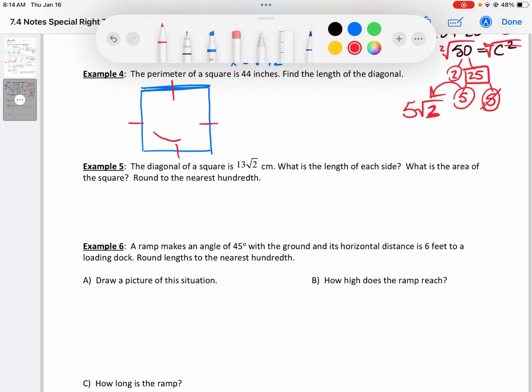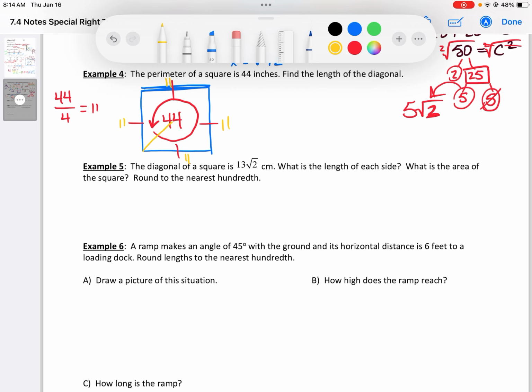If the perimeter, all the way around, is 44, then to find each side, I need to do 44 divided by 4 sides. And so each side of my square is 11 inches.